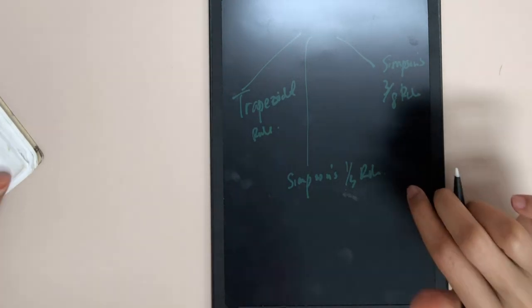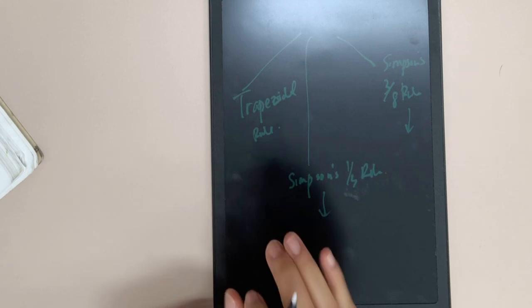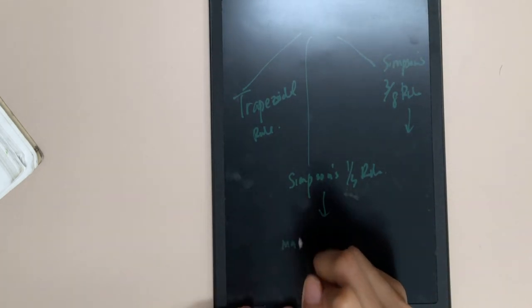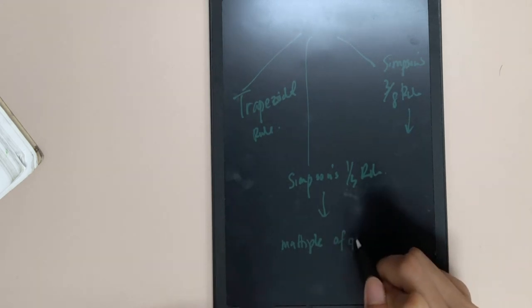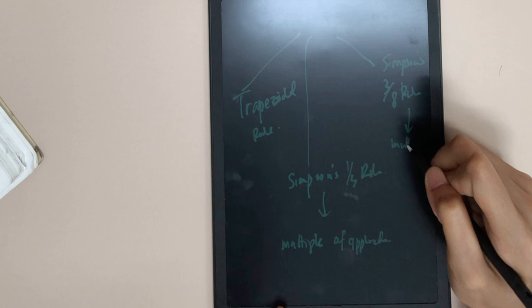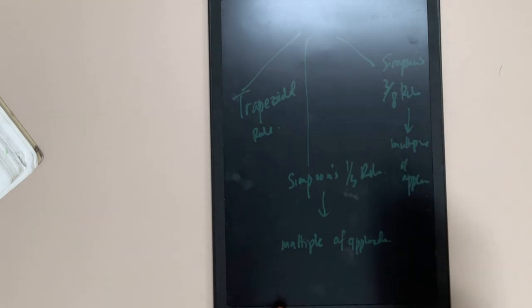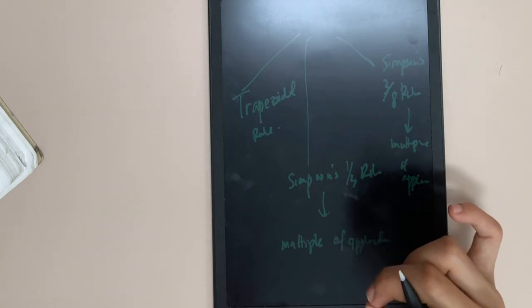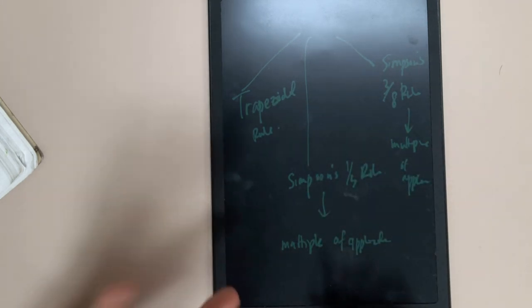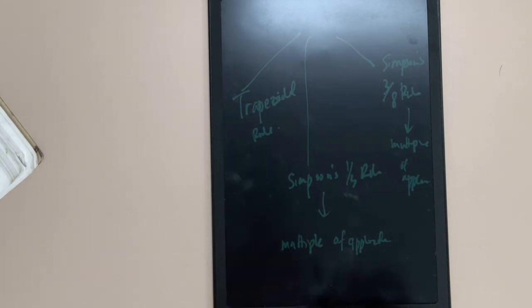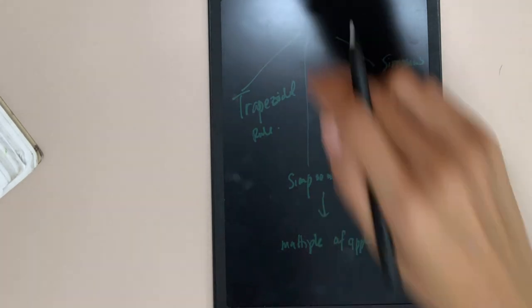Under both Simpson 1/3 and Simpson 3/8, they also have a multiple application. The formula differs slightly for the multiple application. In total, you will have 5 different formulas. So I will start first with the trapezoidal rule.